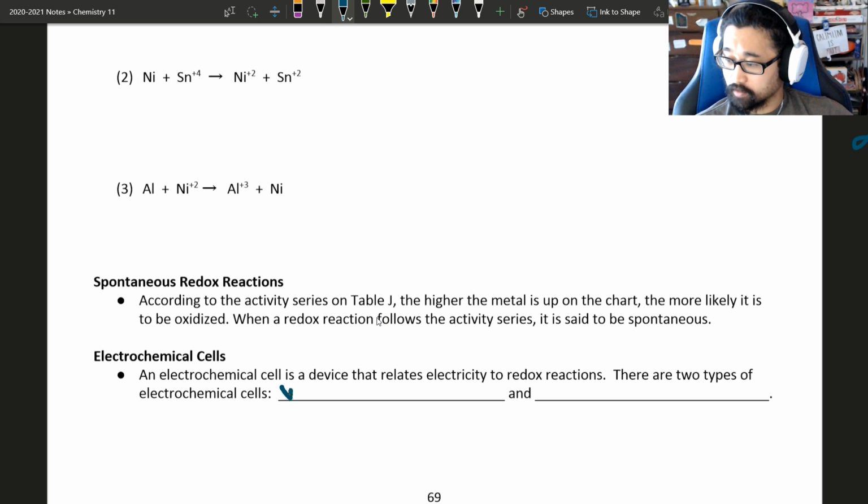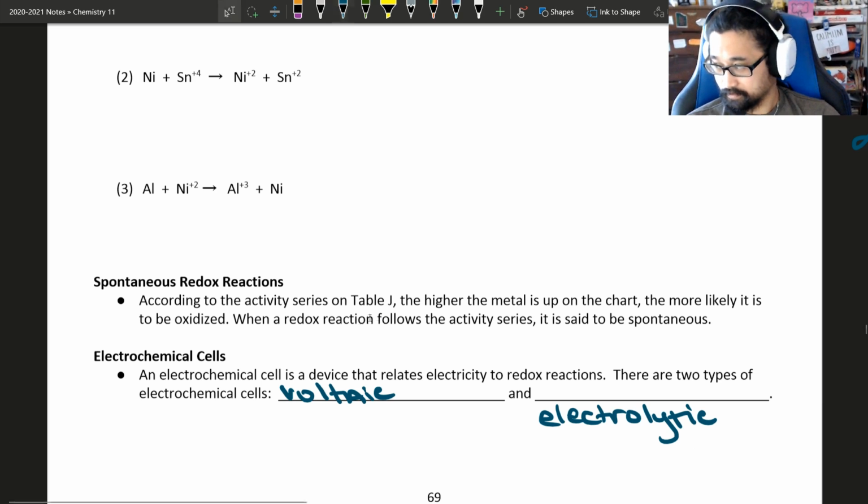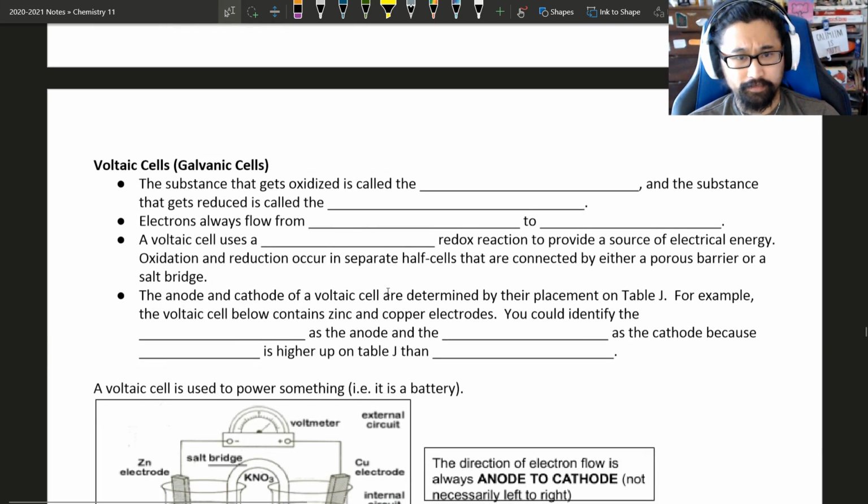There are two types. They are voltaic and electrolytic. The type of cell tells you what it makes. Voltaic cells make volts, they make electricity. Electrolytic cells make electrolytes, they make chemicals. More on that in a moment.